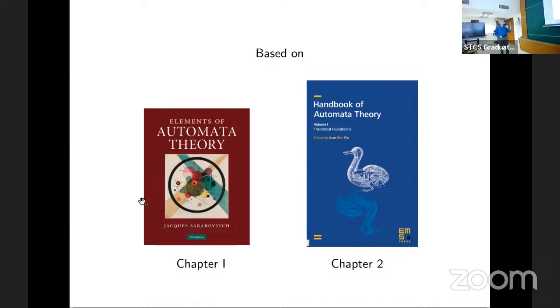It is more or less based on books. I've written one book on automata theory, but what I will say today is not there, because it was written roughly 20 years ago, and I've changed my mind on several things. There is also a chapter in the Handbook of Automata Theory, which was published 2 years ago, though I wrote the chapter 5 or 7 years ago, and the new results are now in that chapter.